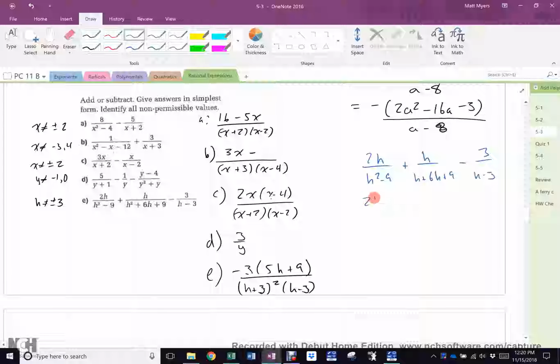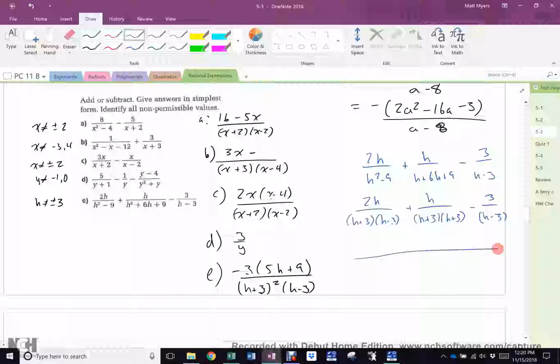Factor everywhere: 2h over (h plus 3)(h minus 3) plus h over (h plus 3)(h plus 3), sorry, not plus, minus 3 over h minus 3. What's the common denominator? h plus 3 and h minus 3. That's the common denominator to cover everything, right?